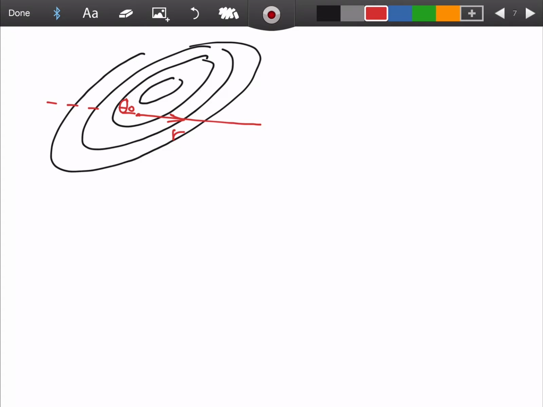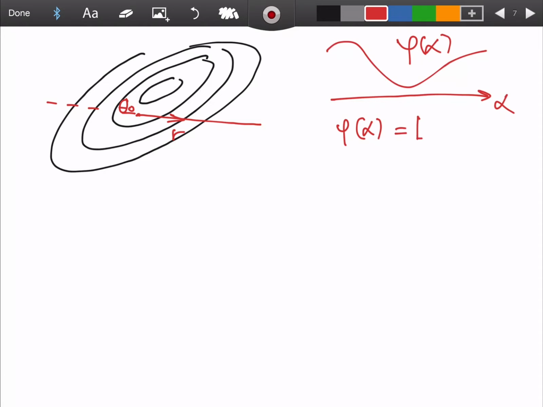I section my n-dimensional argument space along a one-dimensional line in the direction of r. As a result, I can define a new function, phi of alpha, defined as L of theta 0 plus alpha times r. R, of course, is a vector in Rn, same as theta 0.